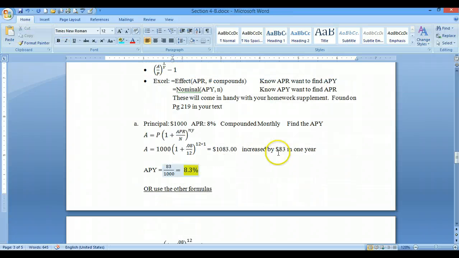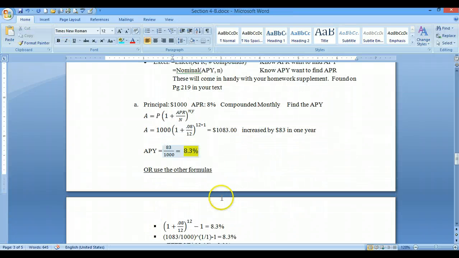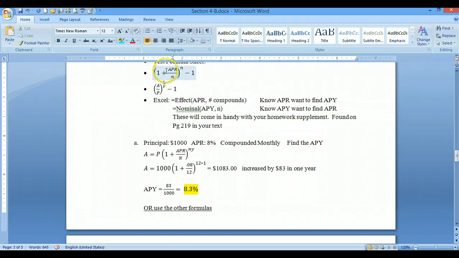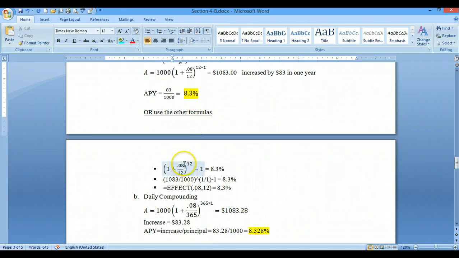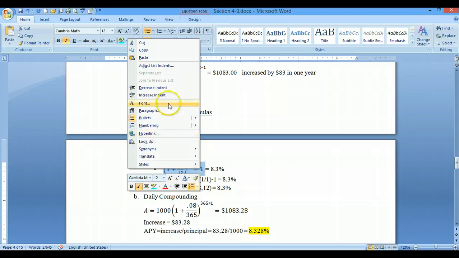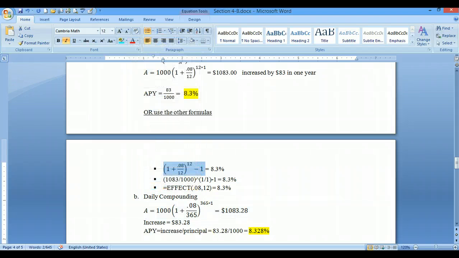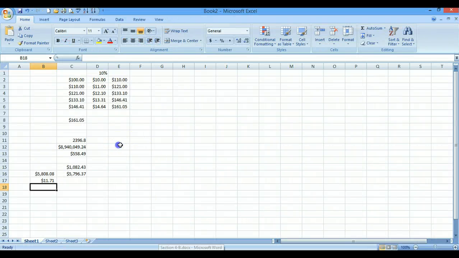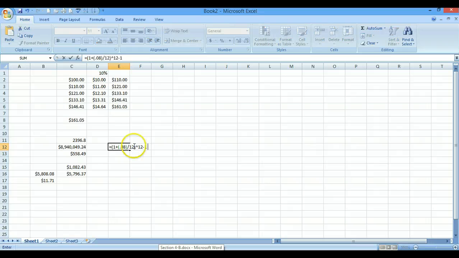And we're going to do Excel just to show you as well. So the first one, 1 plus APR over n to the n. The APR was 8%, compounded 12 times a year, minus 1. We can copy and paste this. Copy, go to Excel, press equals and paste.